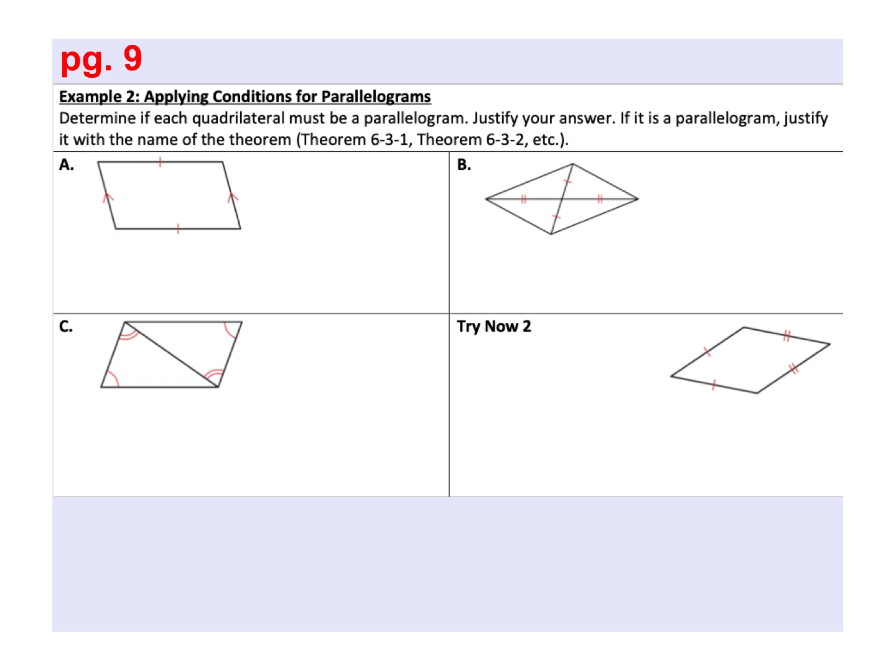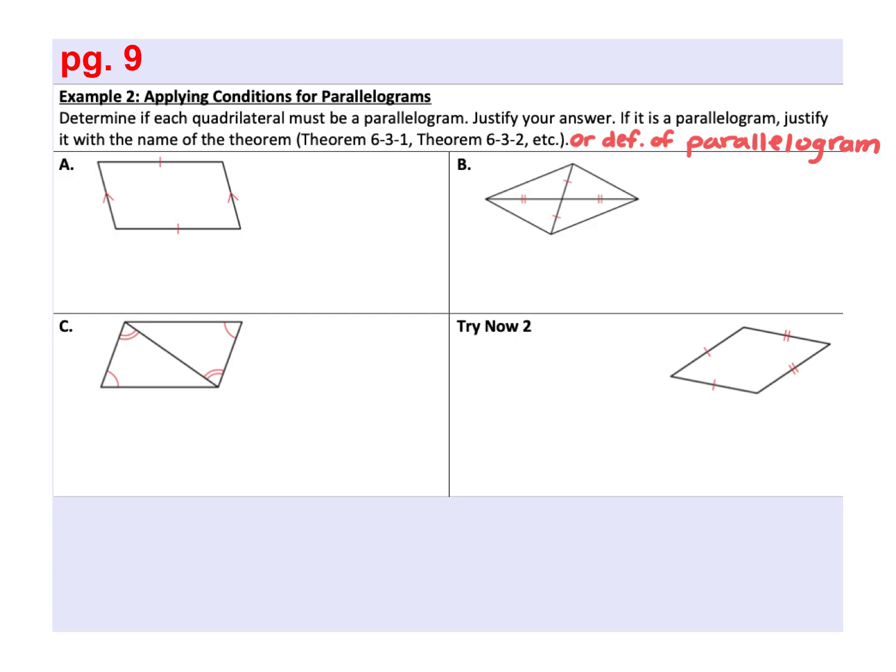We'll justify our answer, which means we'll explain our answer, and if it is a parallelogram, we'll justify it with the name of the theorem or using the definition of a parallelogram. We defined a parallelogram in lesson 6.2, and the definition of a parallelogram is just a quadrilateral where both pairs of opposite sides are parallel.